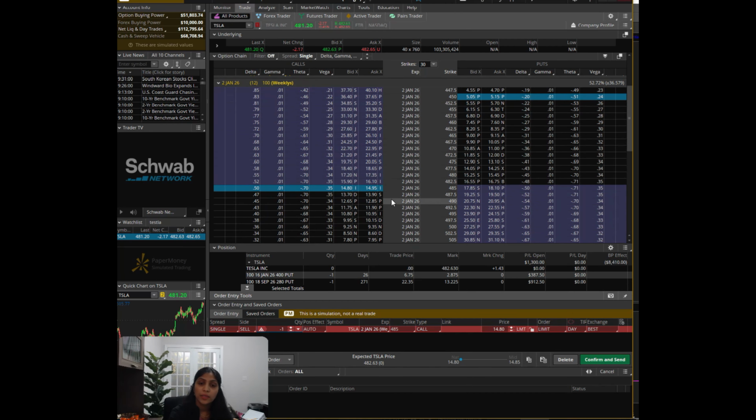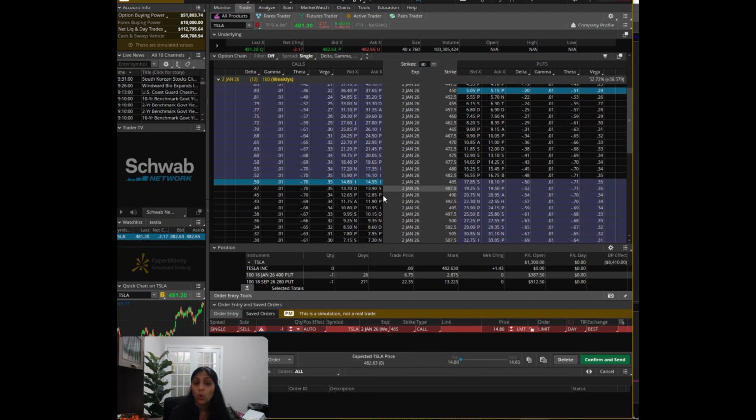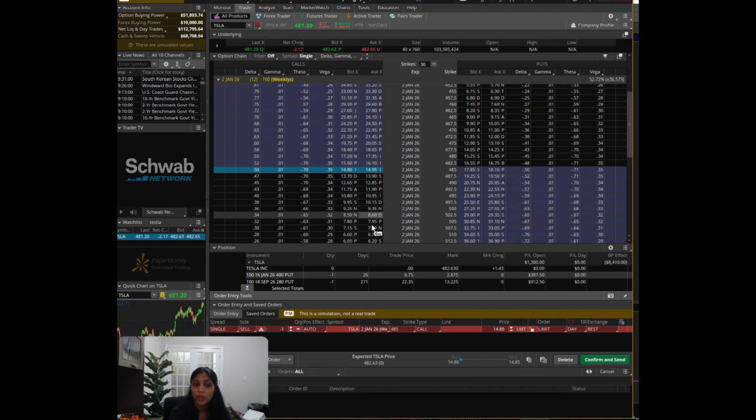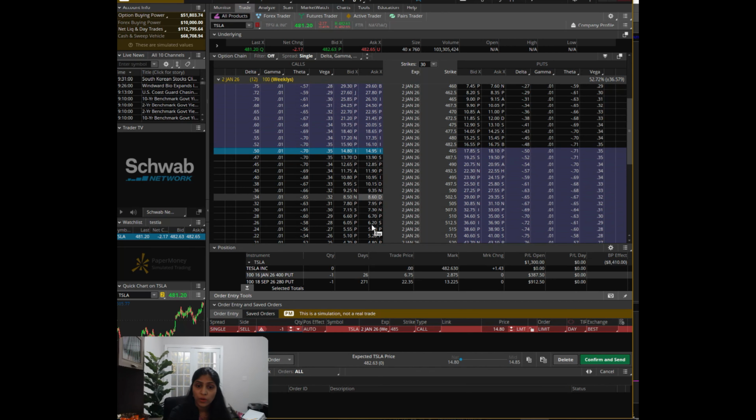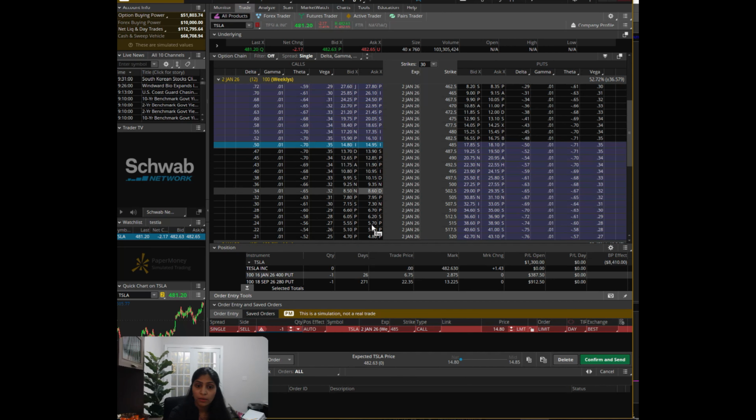So if you want to be aggressive, you can go in the money. But if you want to hold the stocks, because you believe so much in Tesla and you want to keep those stocks but still make some income, though you are not as aggressive about income and your preference is to hold on to the stocks, then go with the lower strike, take it like 512.